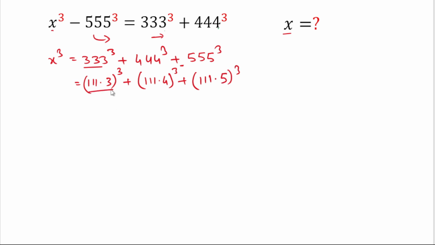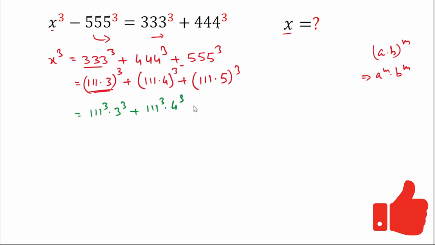Now it is in the form of two values multiplication, a times b, and that is powered by m. So we can write it as a powered by m times b powered by m. So therefore we can write 111 cube times 3 cube plus 111 cube times 4 cube plus 111 cube times 5 cube.